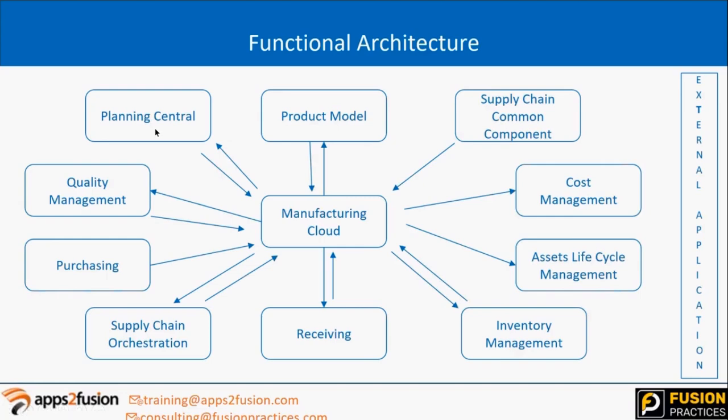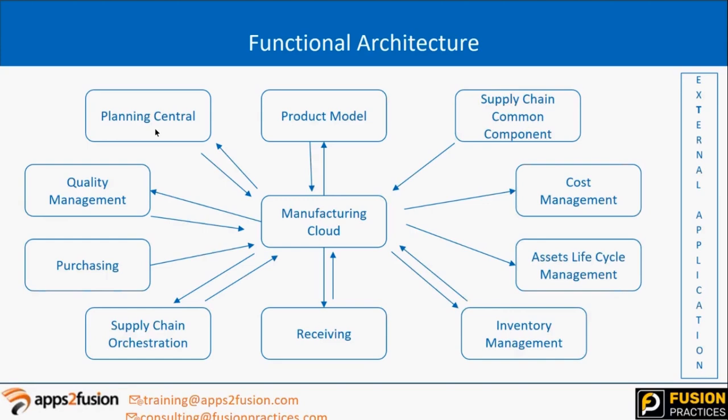So Planning Central, what it does is the work order scheduling, all those details are passed on between planning, because planning has visibility to every detail, every component, every resource which is being used, and based on that it plans and calculates and schedules each of the resources.